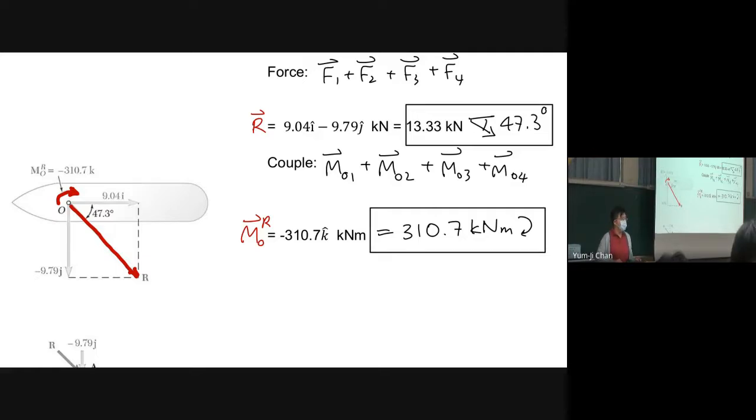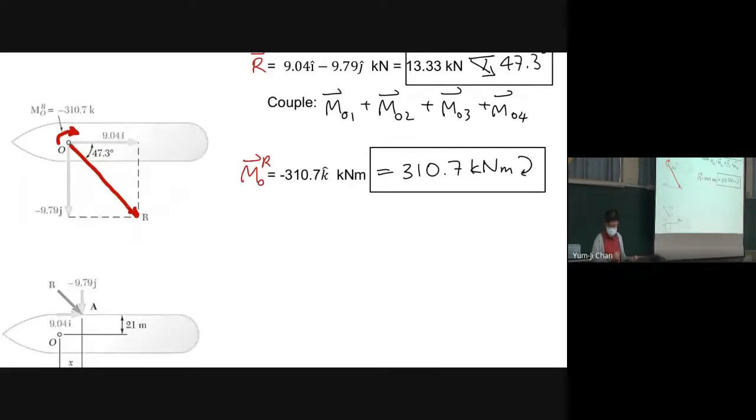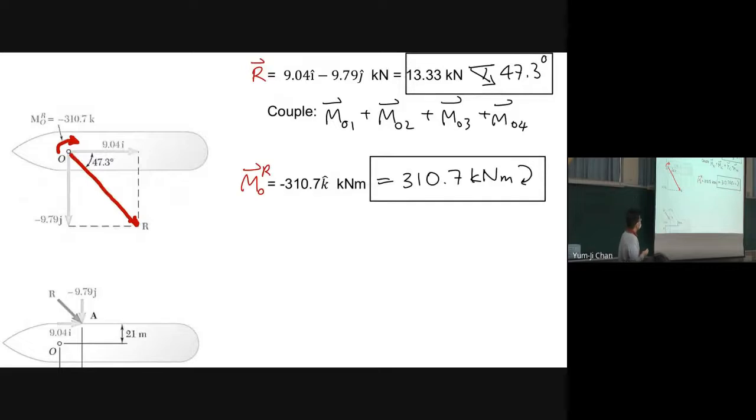And now we go to part B. What is the meaning of part B? It asks for the point on the hull where a single more powerful tug should push to produce the same effect as the original 4 tugs. It means we have only 1 boat, we don't have 4, but we want to produce the same effect.